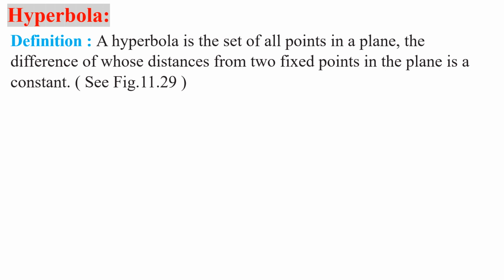In that case, the sum of the distances from two fixed points in the plane is constant. Whereas in the case of hyperbola, the difference of the distances from two fixed points in the plane is a constant. Okay, my children, understood this difference between ellipse and hyperbola? Right.